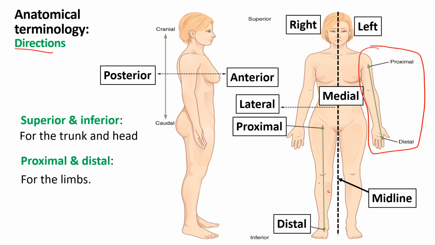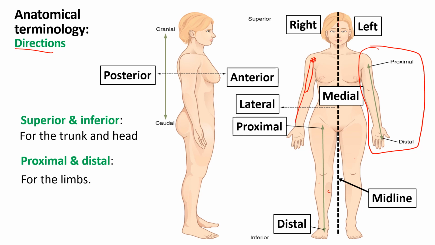We never use the terms superior or inferior in the extremities because that can sometimes change. Let's use the bones as an example. We have a bone here called the humerus. This bone articulates with the scapula here in the shoulder.